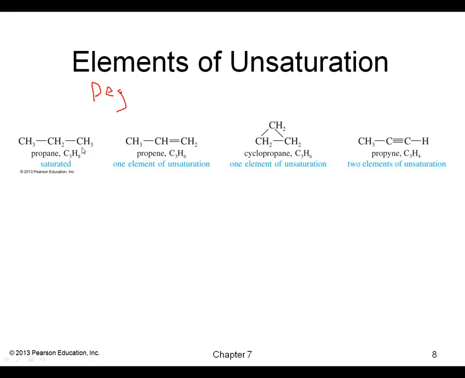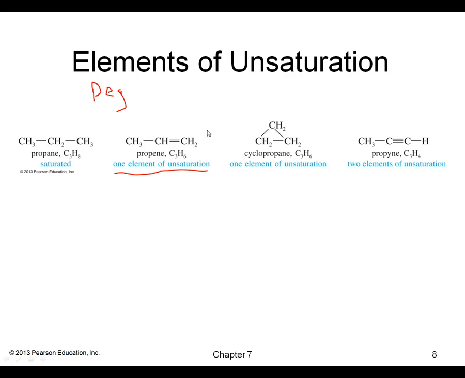It has the maximum number of hydrogens as possible. When I introduce a double bond, note that I have to take away a hydrogen here and a hydrogen here. So I end up losing two hydrogens, and when I lose two hydrogens to form this double bond, I gain what's called a degree or element of unsaturation.